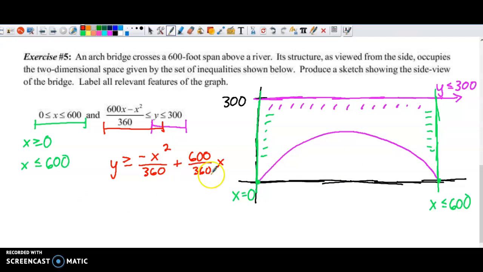And the reason why I would do it that way is because then I can use my x equals negative b over 2a formula. And my b value is that 600 over 360 over my a, which is double the negative 1 over 360.